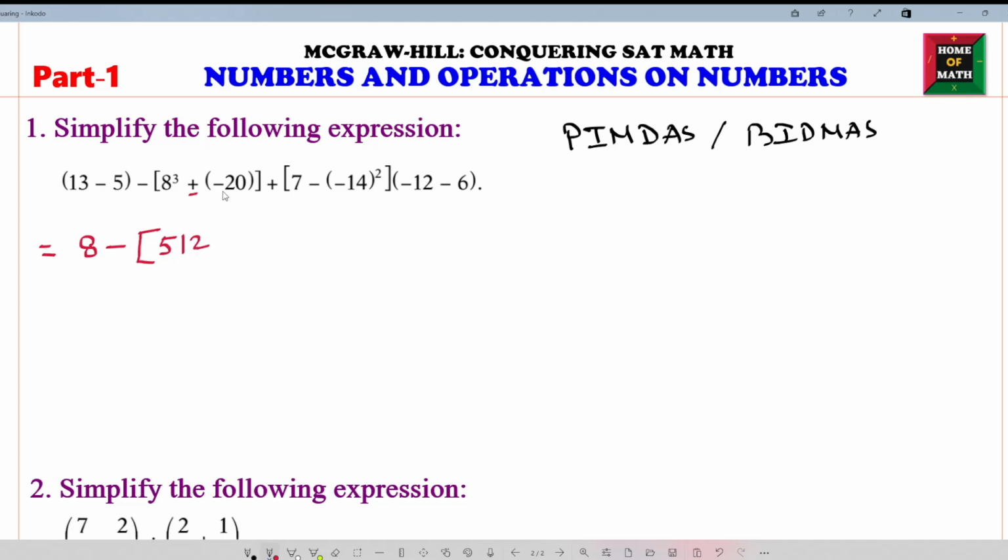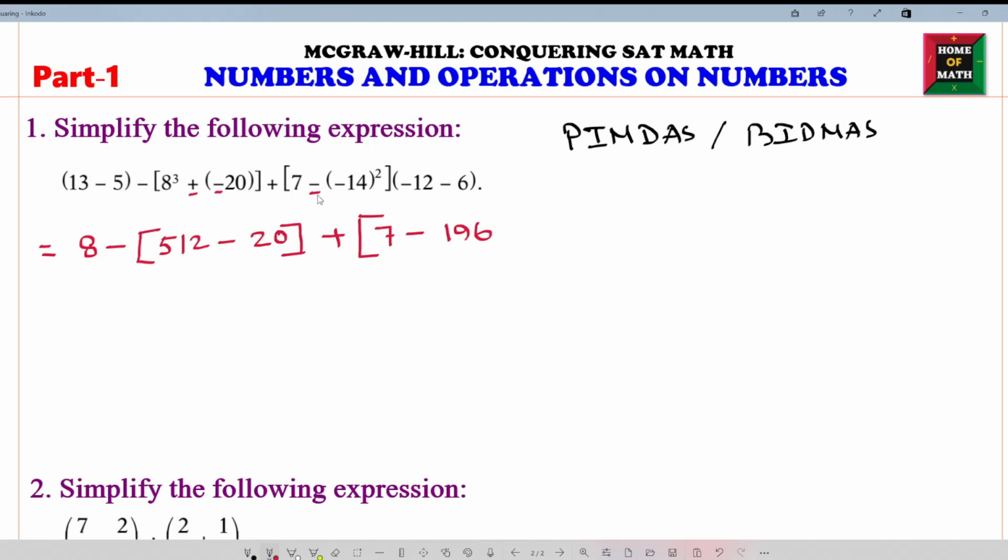Then here is plus and here is minus, so it should be minus 20. Then the second bracket closes, the third bracket closes, plus bracket start 7 minus 14 square, which means 196, right? Minus square should be what? Plus.